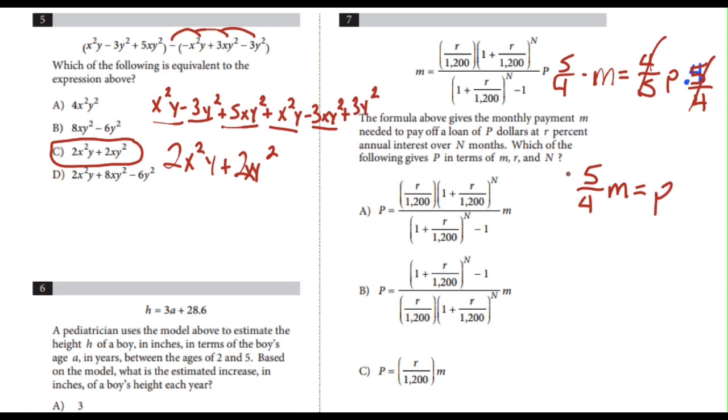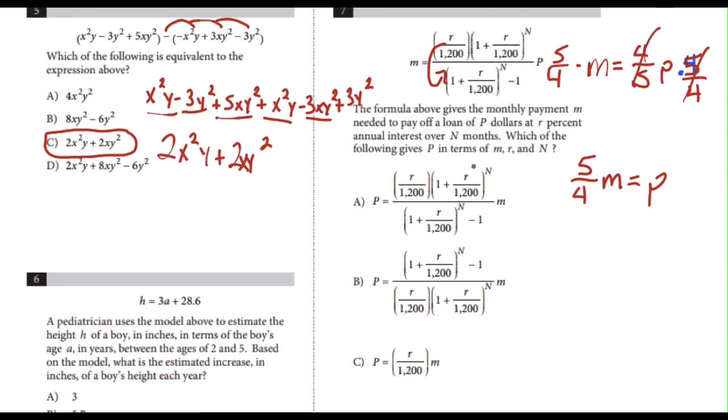Essentially, what we're doing is we're flipping the fraction in front of p and multiplying it over to the other side. So all we need to do is flip this fraction and move it over to multiply with m. So if we look at the answer choices, we're looking for what's on the bottom on top, what's on the top on the bottom, and times m.